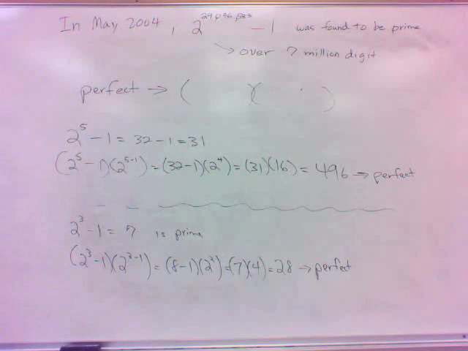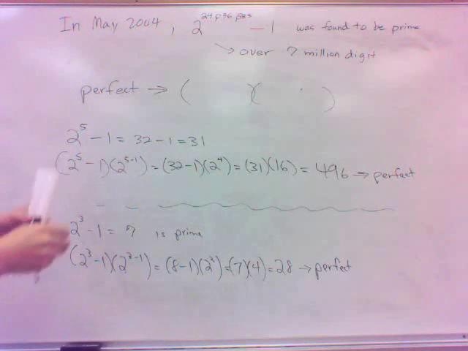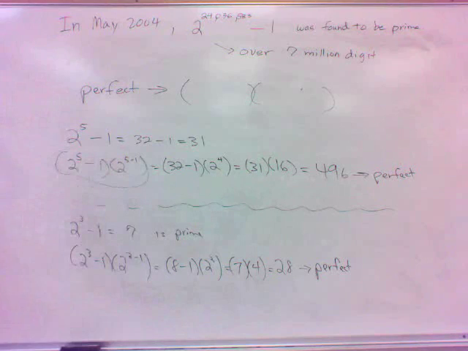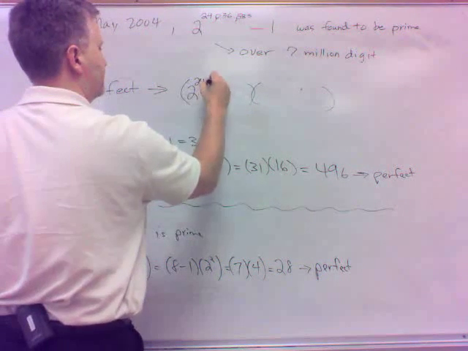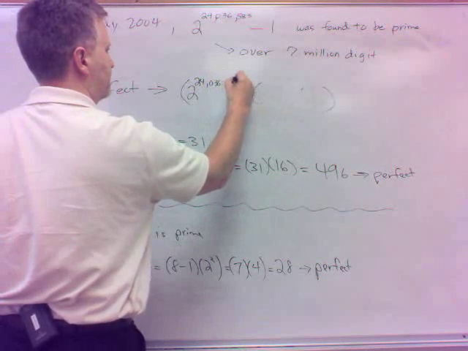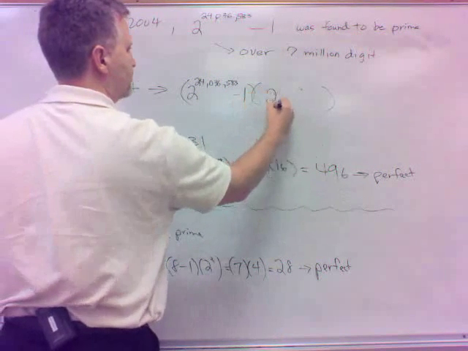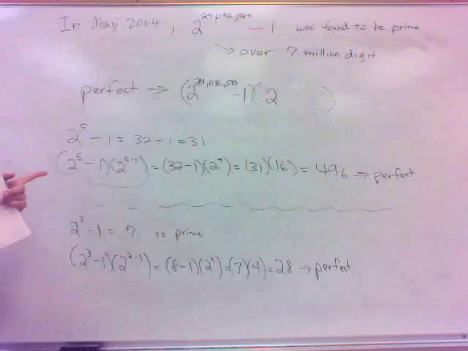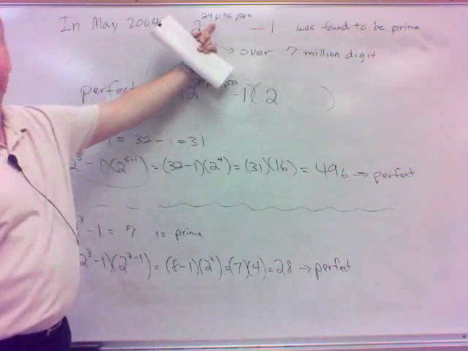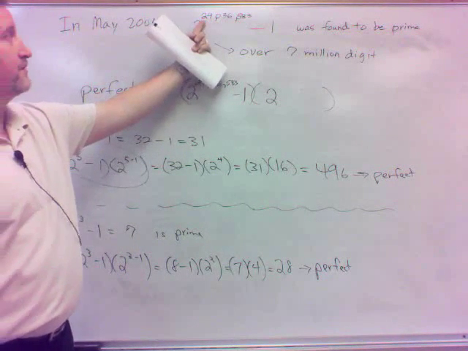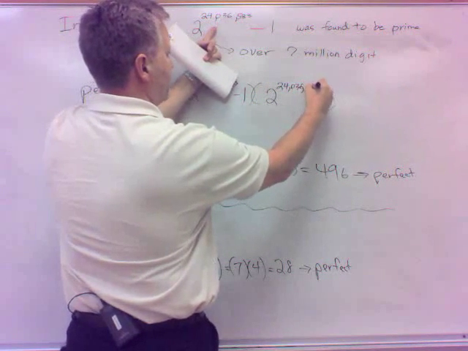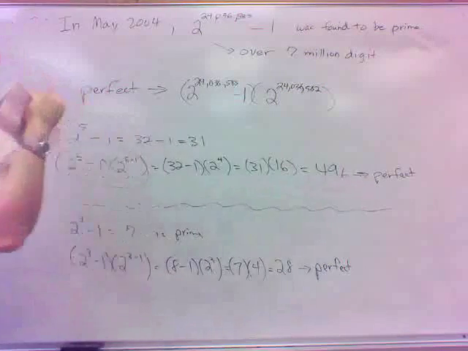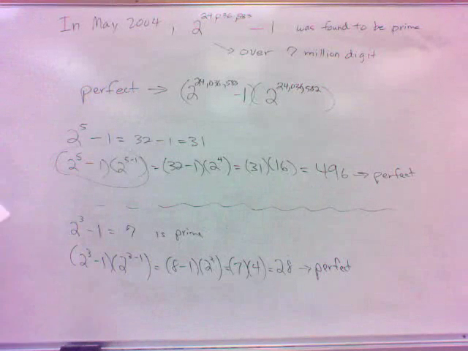Well, we can't get the actual number out of it, but we can put it in this form, couldn't we? It'd be 2 to the 24,036,583 minus 1, times 2 to that power minus 1, wouldn't it? So it'd be 2 to the 24,036,582. See that? That would be a perfect number, because you find one, you find the other.